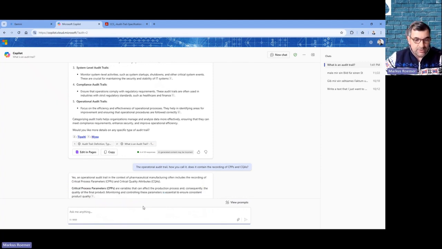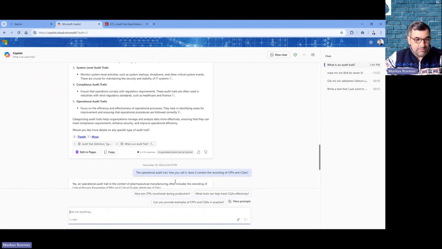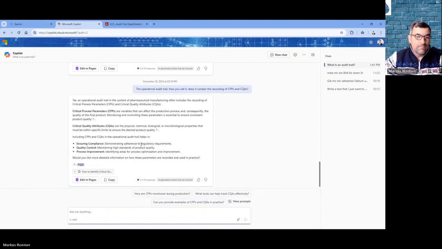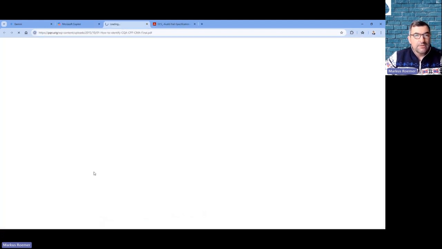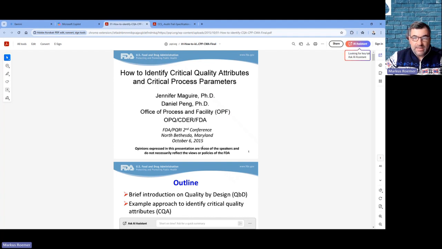Yes, an operational audit trail includes a recording of. And what is this source here? pqri.org wordpress wp-content uploads. How to identify? Oh, I know that presentation.